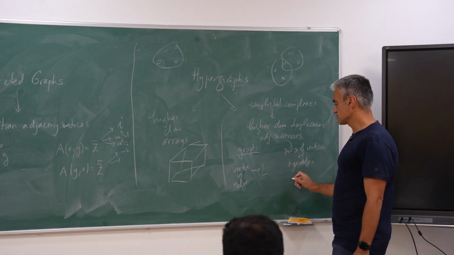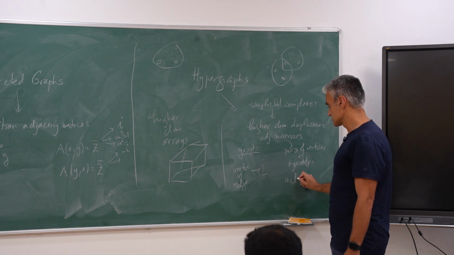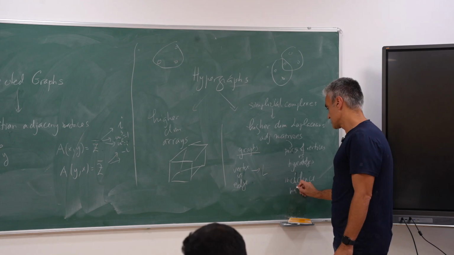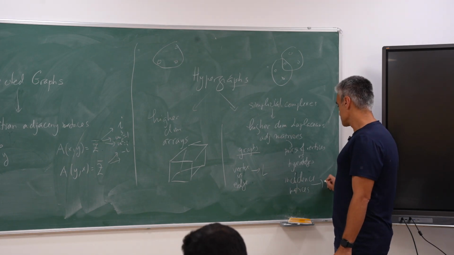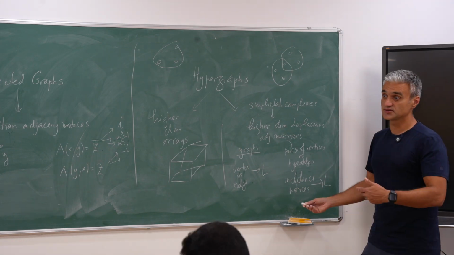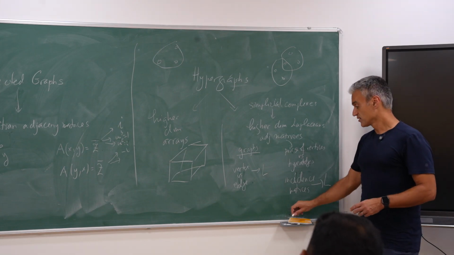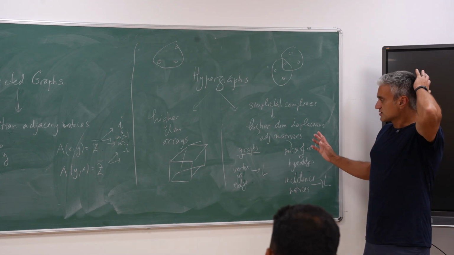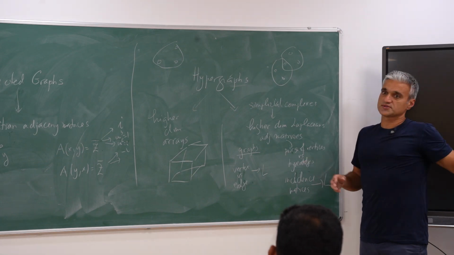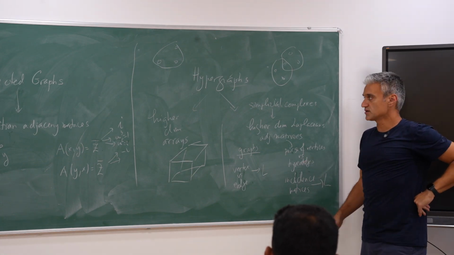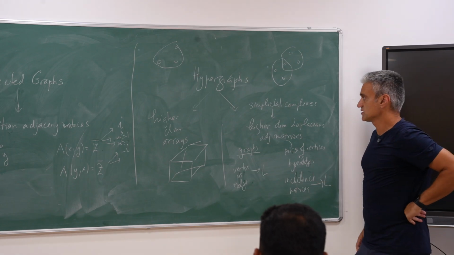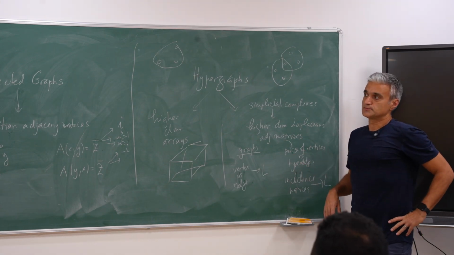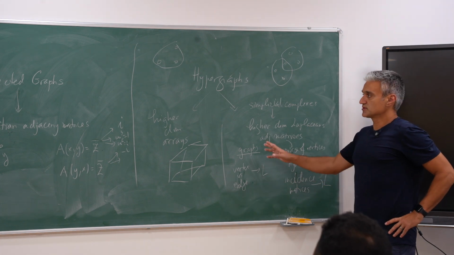So you can have similar incidence matrices here, and from these incidence matrices you can make Laplacians and you can study their properties. There's recent work in this direction, so I'll be happy to give you some references if you're interested. Just send me an email, for both of these things. These are the directions where it moves away from undirected graphs.